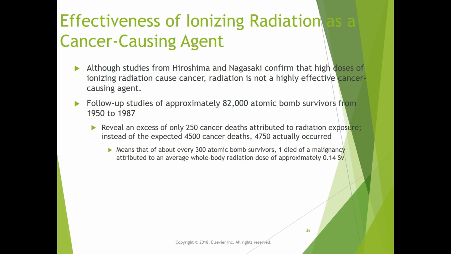So that led them to make a statement that about every 300 atomic bomb survivors, one would die of malignancy that was attributed specifically to the radiation dose of approximately 0.14 sieverts that they received.